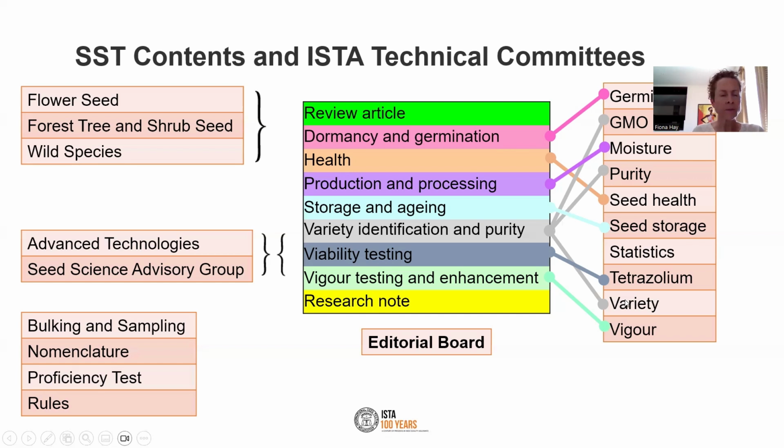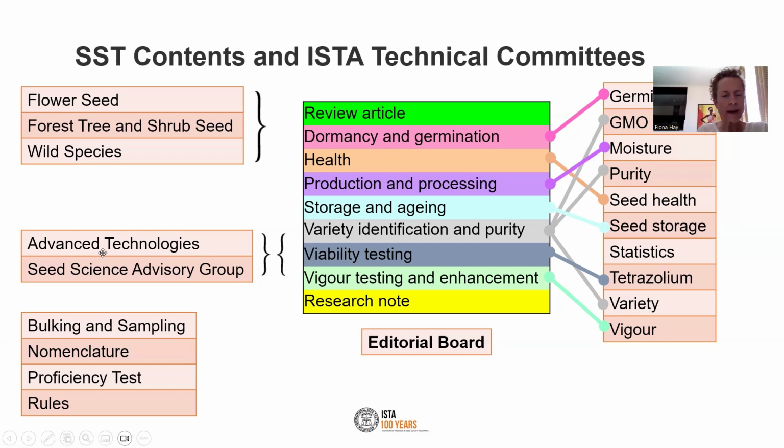A couple more committees over here. We have the Flower Seed Committee, the Forest, Tree and Shrub Seed Committee, and the Wild Species Committee. Basically, any paper on any of these different topics could be on seeds which would fall into one of these groups of plants.